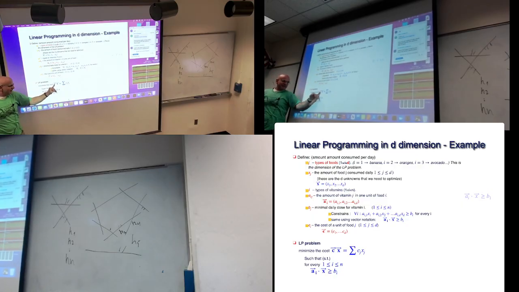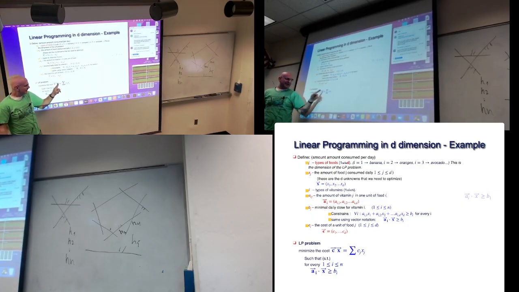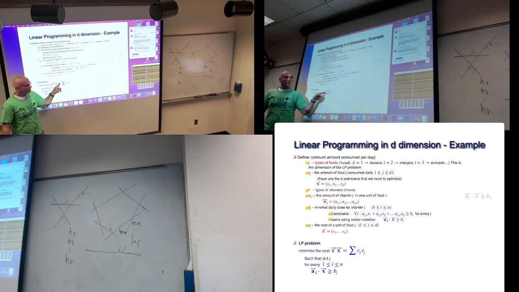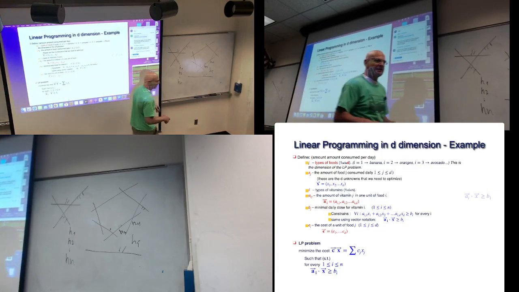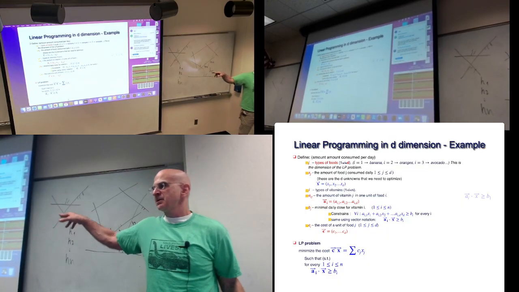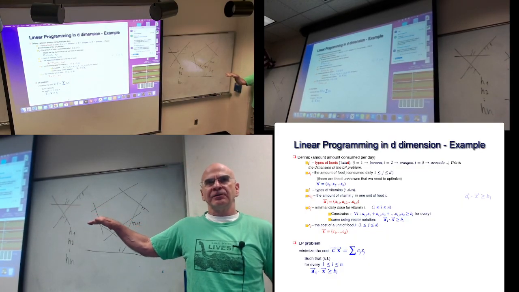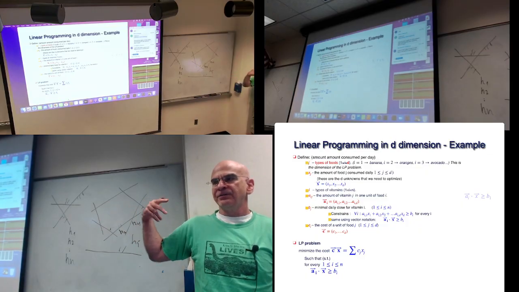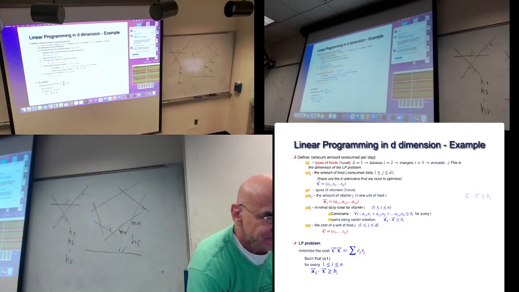But I'm looking for x only inside the feasible region, only among x's where you're getting enough of all the vitamins. I'm really skimming through this slide because it's just a word by word generalization of what we did for avocados and oranges.